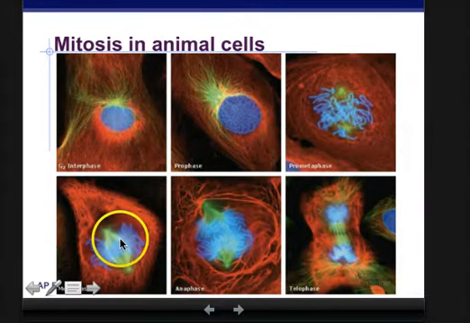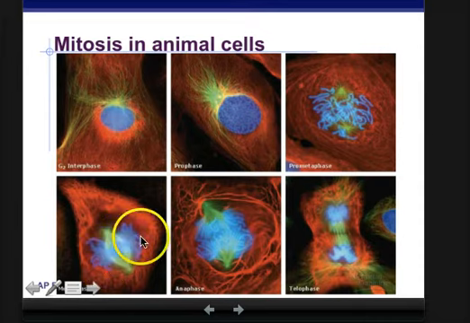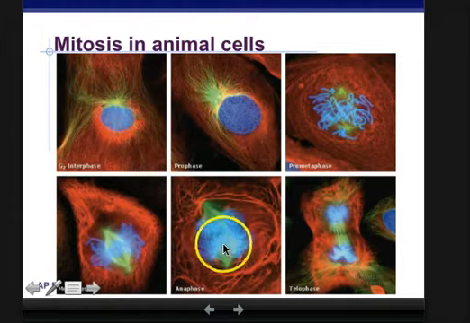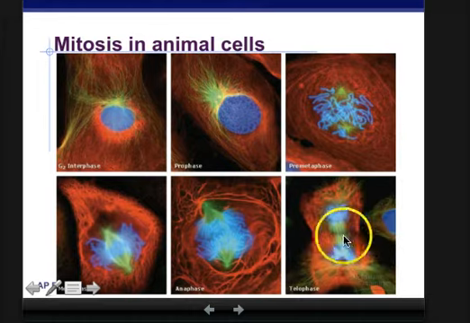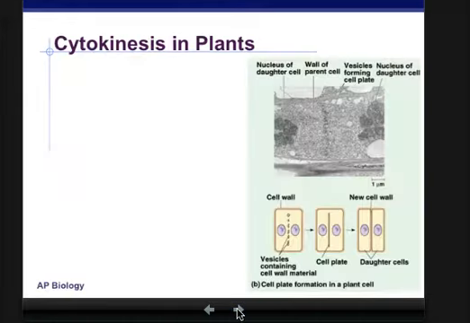Here they are lining up across the metaphase plate, and you can clearly see the microtubules here. Anaphase, the chromosomes pull apart, and telophase, the new nuclei begin to form, and you can see that pinching of the cleavage furrow. All right, cytokinesis in plants is a little bit different.